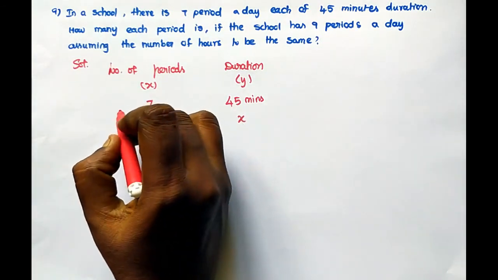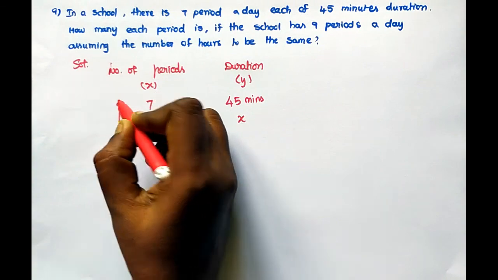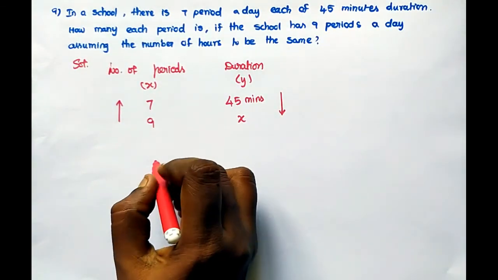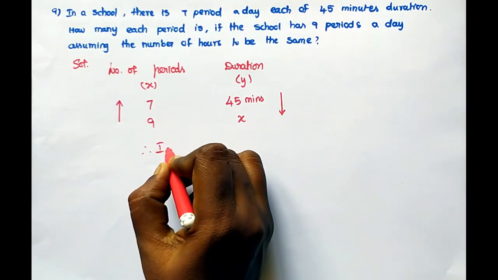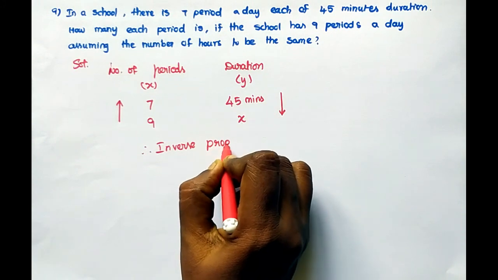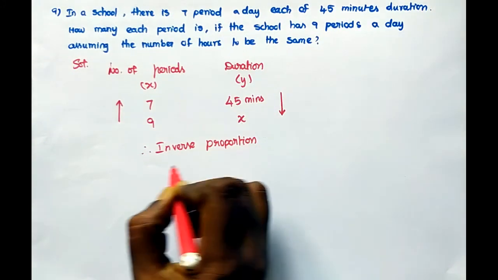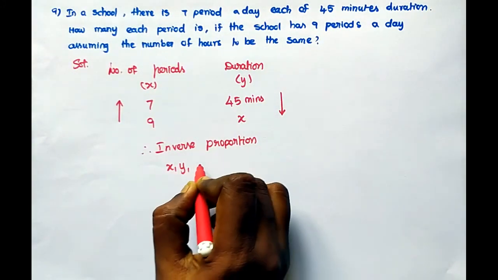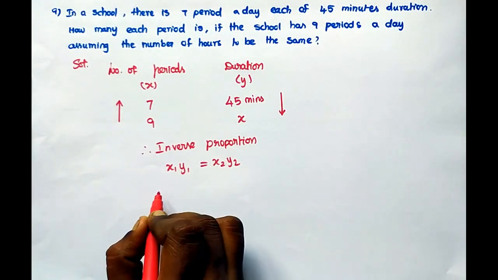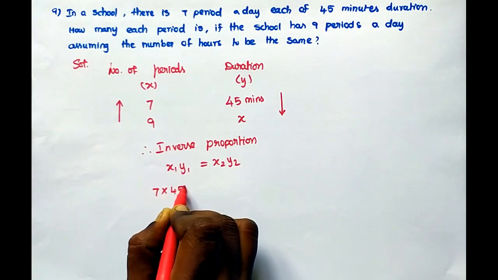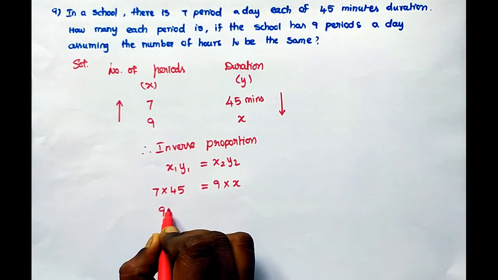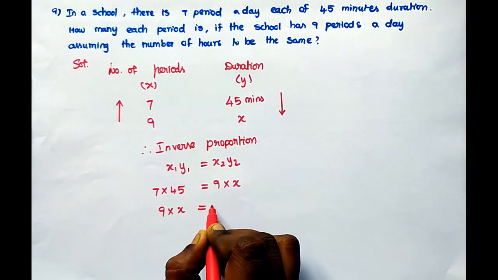Here number of periods increases means duration will decrease. Therefore it is inverse proportion. Inverse proportion means x1 y1 equal to x2 y2. So 7 into 45 equal to 9 into x. Change the LHS and RHS.